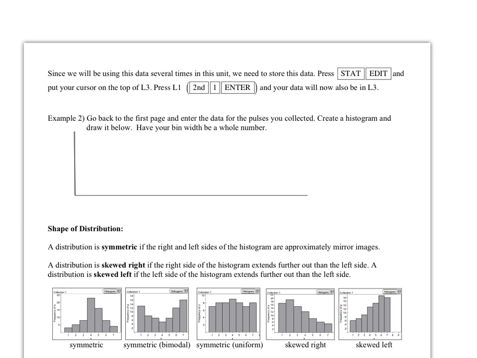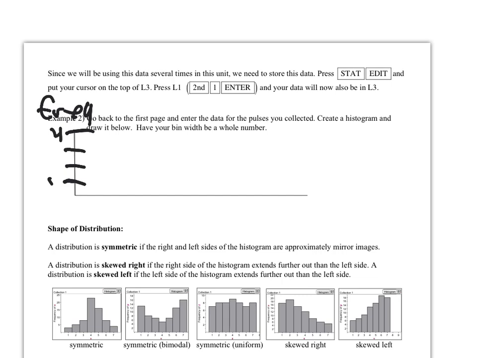My vertical scale, that is keeping track of my frequency, goes from, let's see, the max. The max is 4. I have a 4, and I have 1s. So that's going to be really easy. 1, 2, 3, 4. There's 4, there's 1.